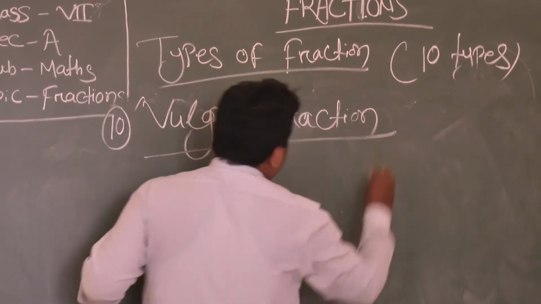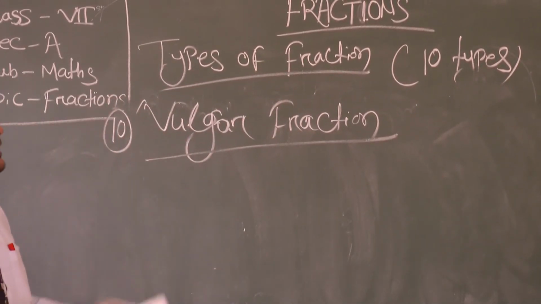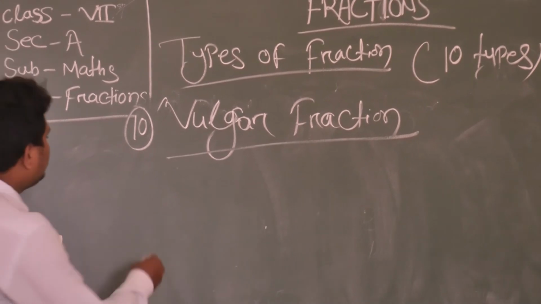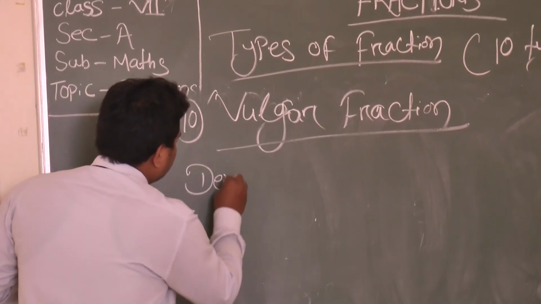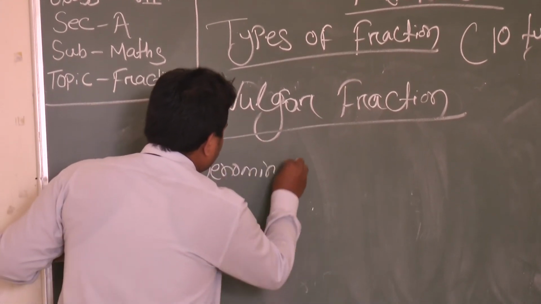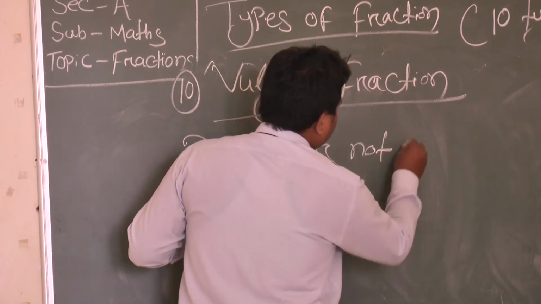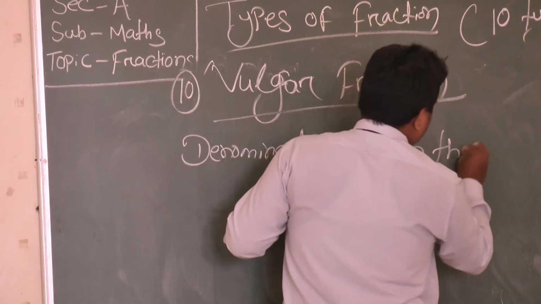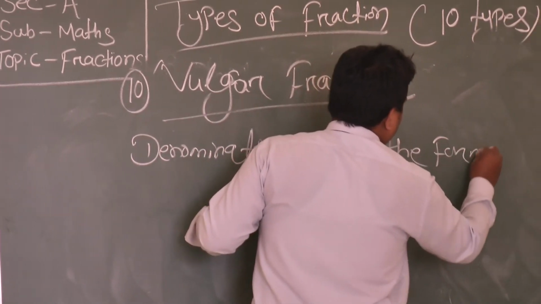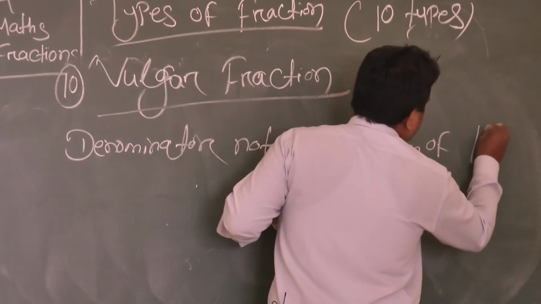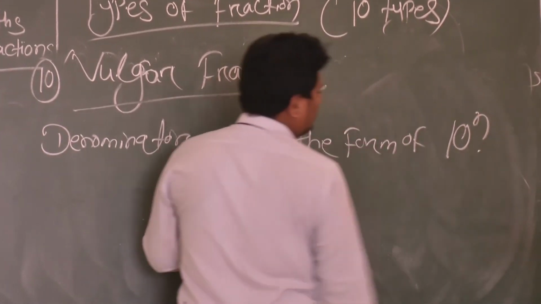Okay. What do you mean by vulgar fraction? Now vulgar fraction means the denominator is not in the form of 10 to the power n form.